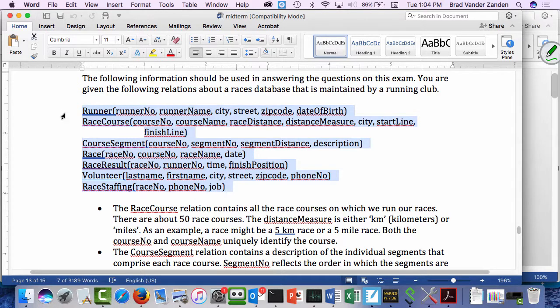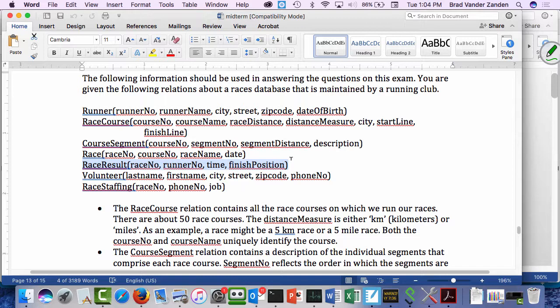And you can pretty much draw the ER diagram from these relations, as long as you can identify which relations are the relationships. The relationships here are race staffing and race result, the two.